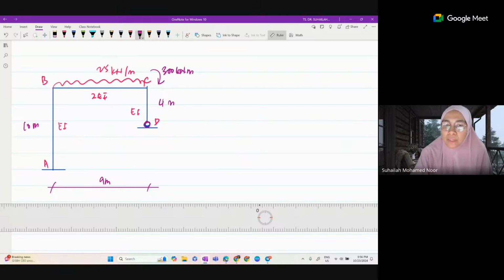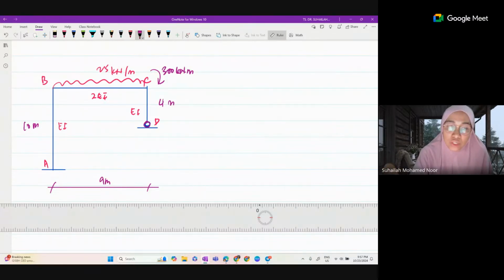Regarding support settlement, the best redundant is whenever the support settlement and the redundant have the same position.